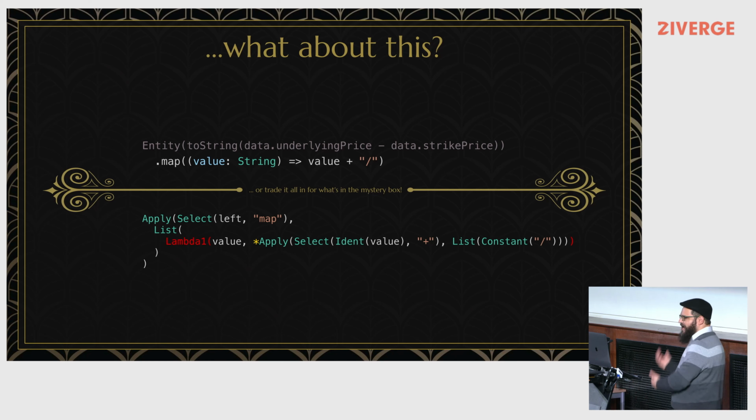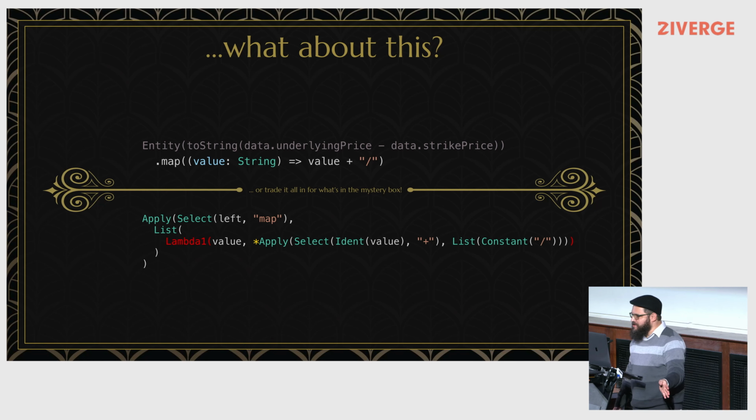This is what the compiler actually sees when you give it code with a lambda. This is the construct that the compiler sees. There's obviously a lot more detail inside of lambda 1. But fundamentally, in the compiler syntax tree, this is what the compiler sees.